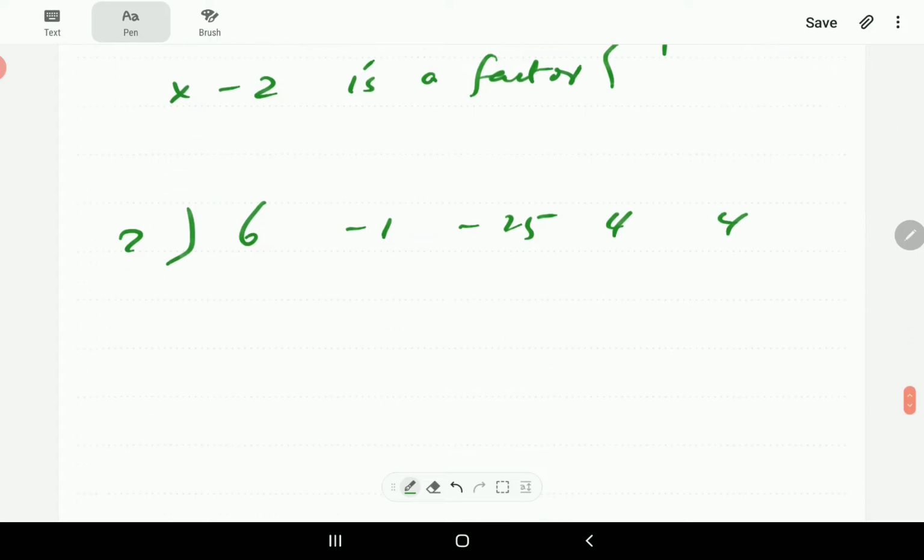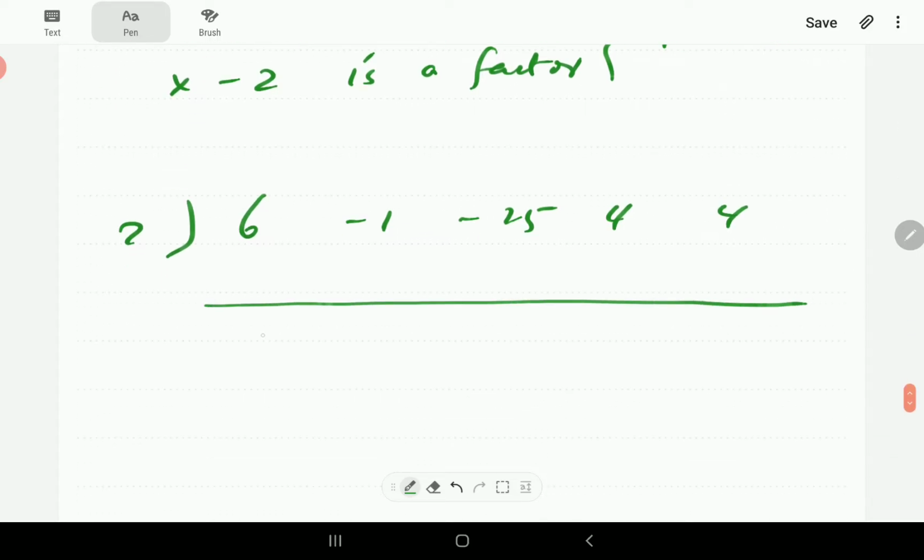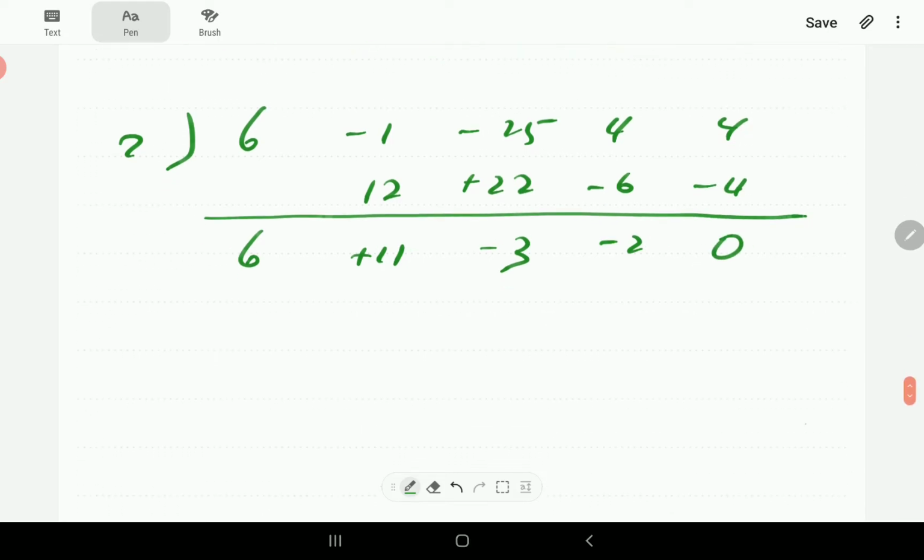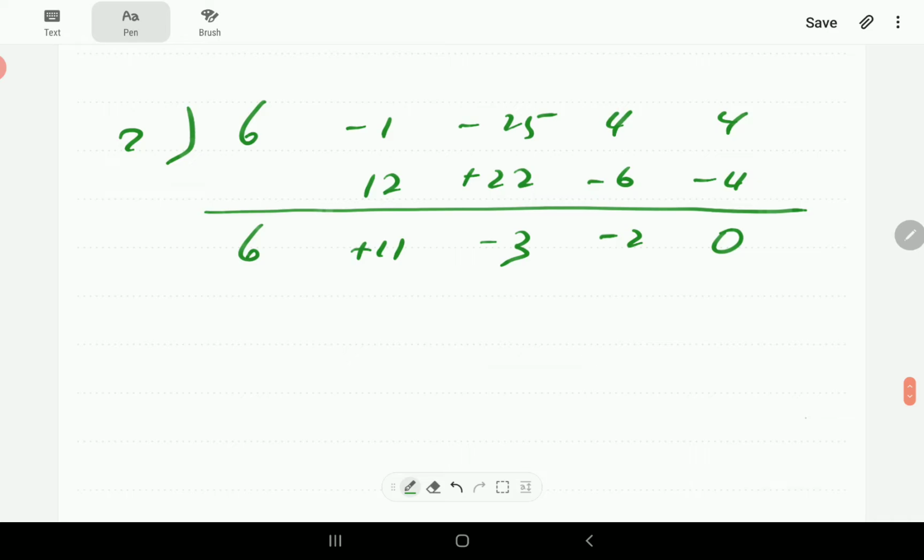We use that method. So if we bring down 6 and multiply by 2, multiply by 2 again, sorry, this should be positive, and so that is positive. Negative 3 multiply, that's going to be negative 2 multiply, and so the last number is the remainder, and it is 0 as we anticipated.